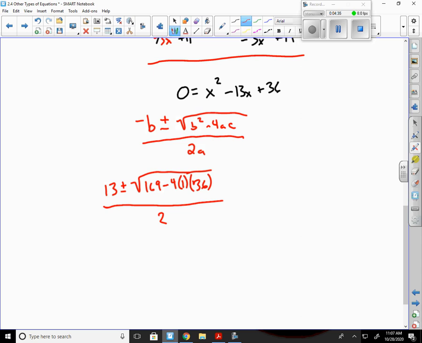Now 4 times 36 gives me 144. So I'm doing 13 plus or minus the square root of 169 minus 144, which gives me 25. The square root of 25 is 5. So it's 13 plus and minus 5 over 2.